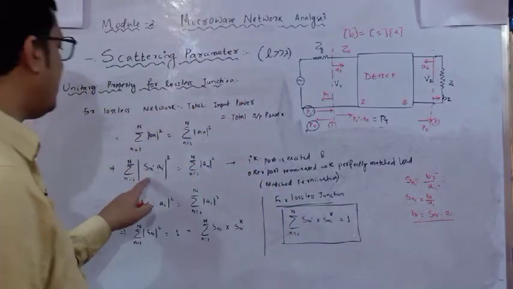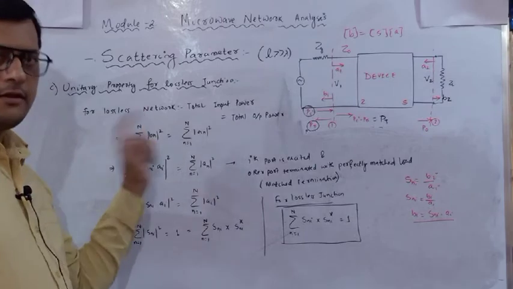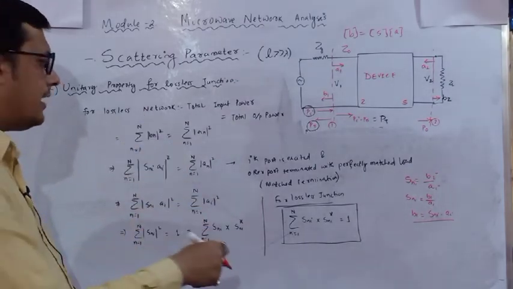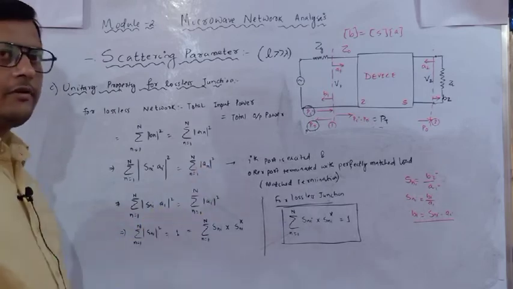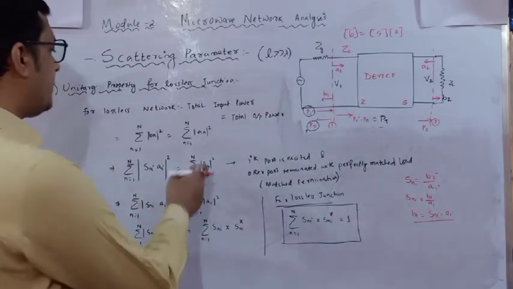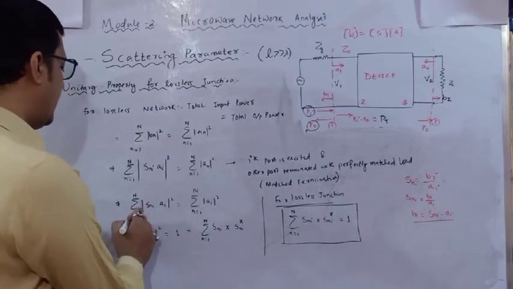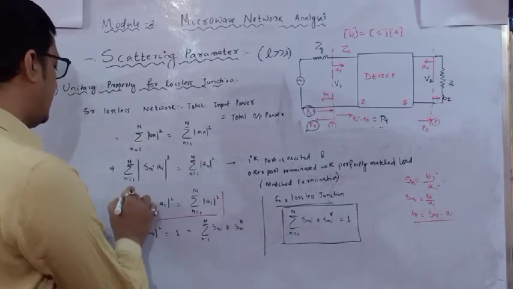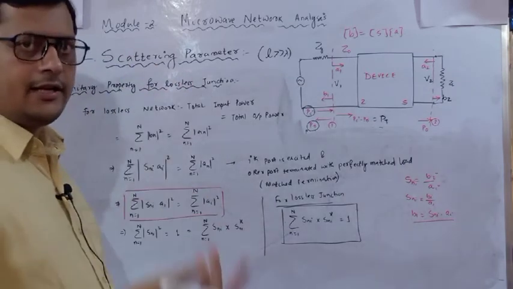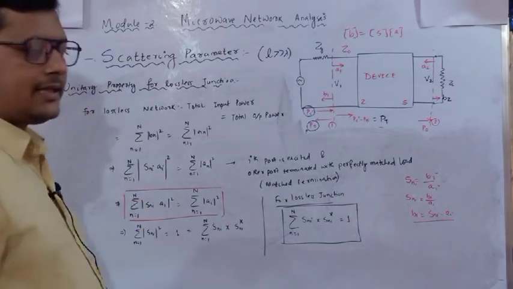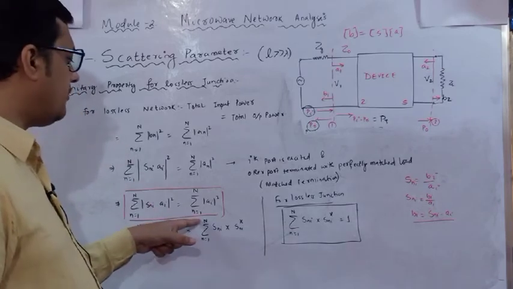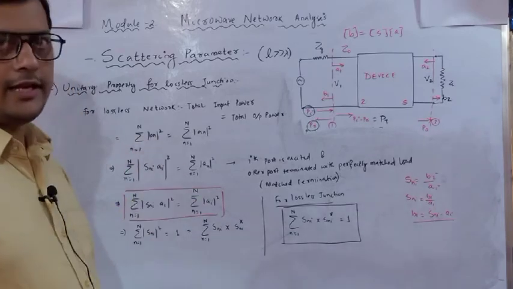That I have substituted here in place of b_i. So |S_ni a_i| square is equal to a_n. Now a_n will become a_i because we are considering the ith port. As you can see, I have written in this equation. So the summation for n equals 1 to n ports of |S_ni a_i| square is equal to the summation n equals 1 to n of |a_i| square.